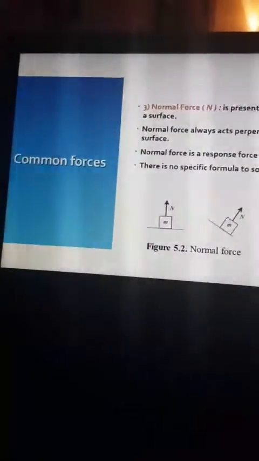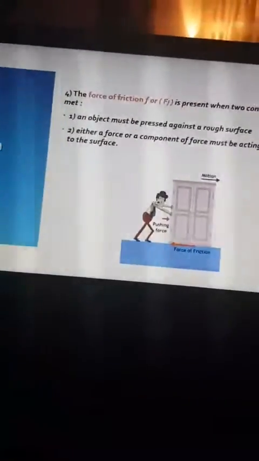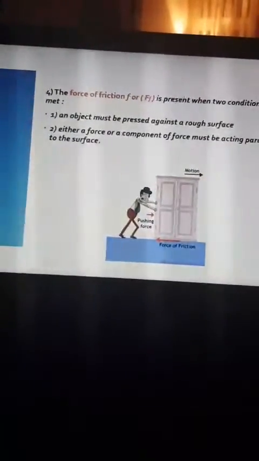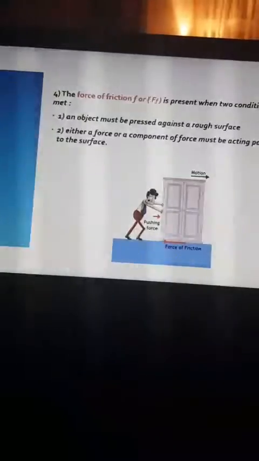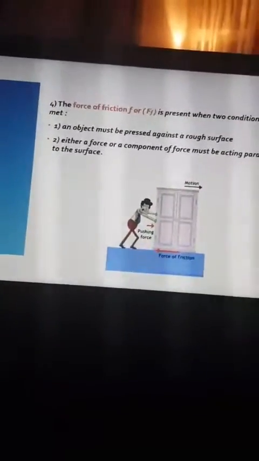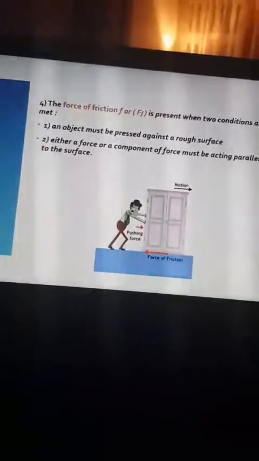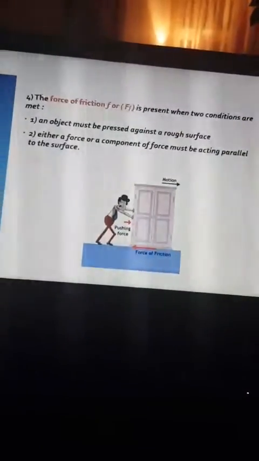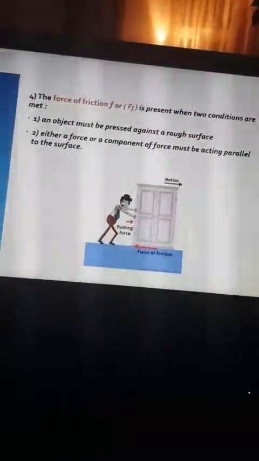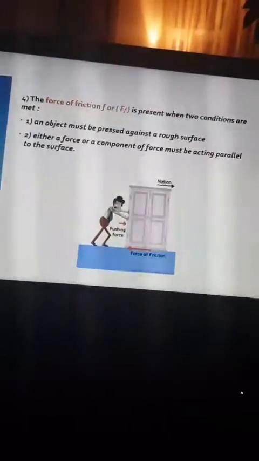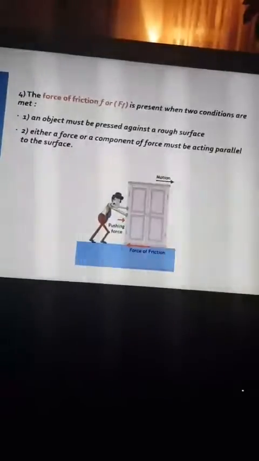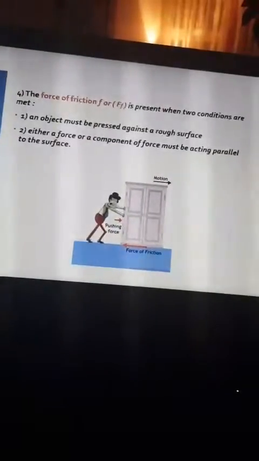Okay, good. Let's continue. The fourth type of forces here is the force of friction. For sure, all of you know the force of friction. Force of friction is present when two conditions are met. What are these two conditions? Number one, an object must be pressed against a rough surface.